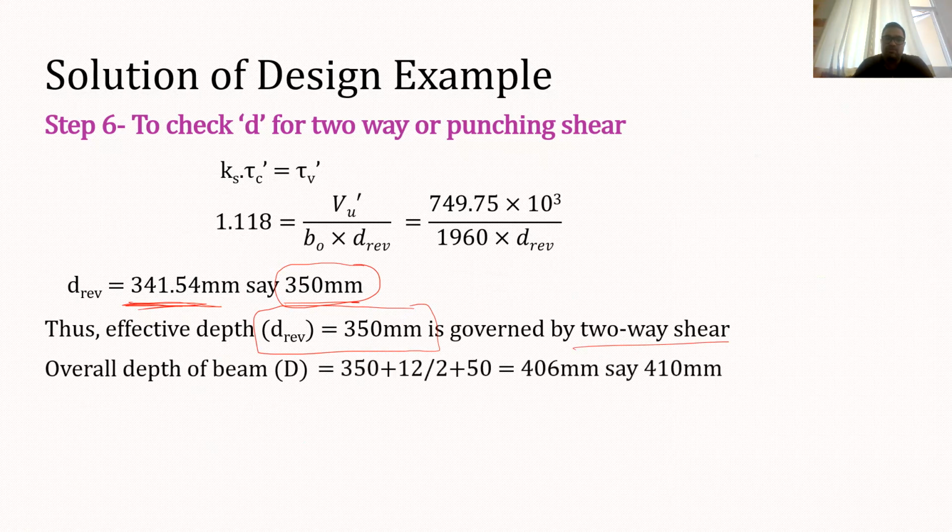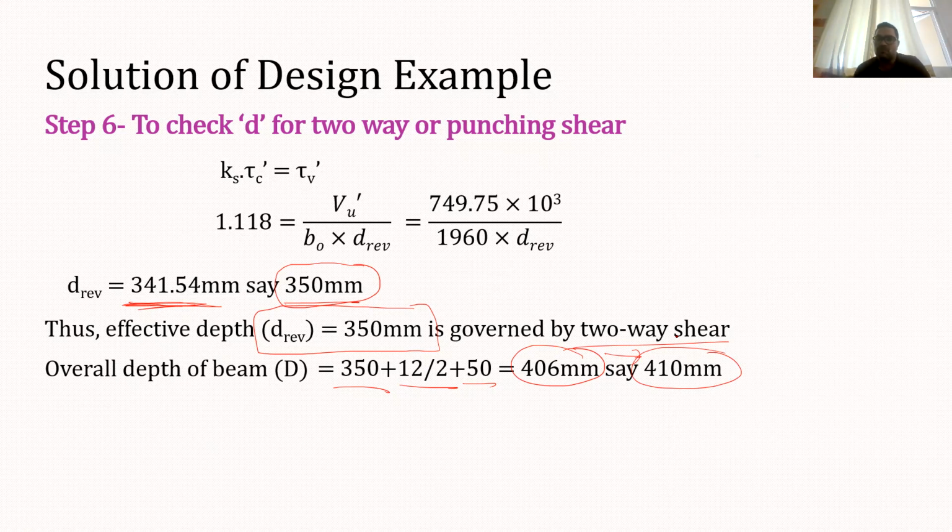Now, overall depth can also be calculated, which is 350 plus half of the diameter of bar and clear cover. So ultimately, we get 406. Again, round off this value to the higher side. So ultimately, overall depth of the foundation is 410 mm.